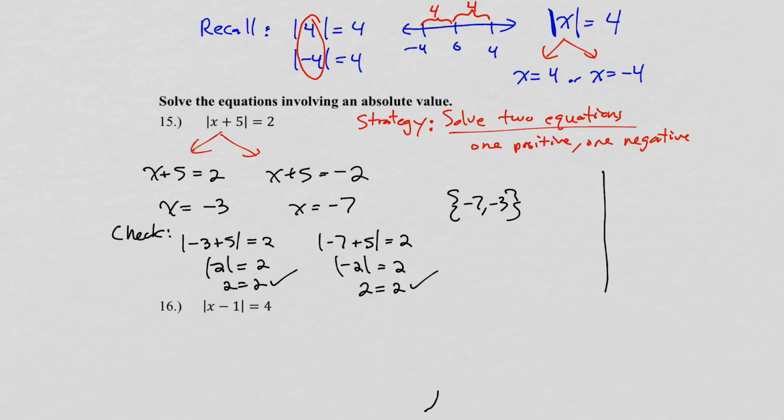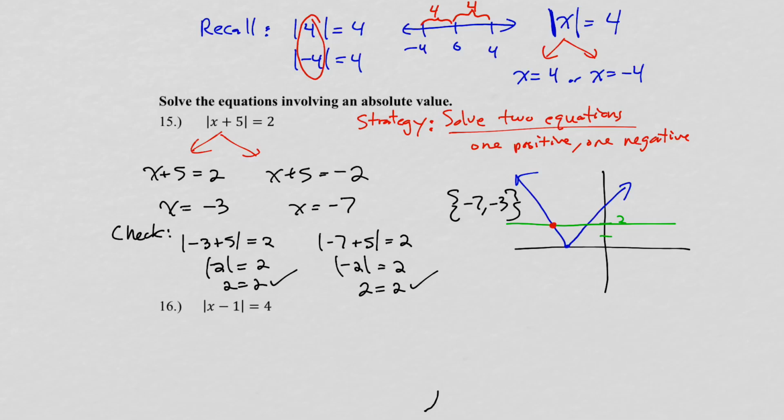Again, here's the visual. So that absolute value equation is like around here somewhere. It's a V function. And then where it equals 2, it's basically up here.